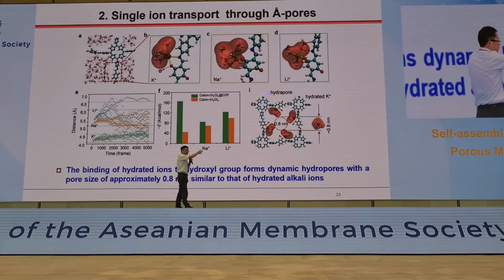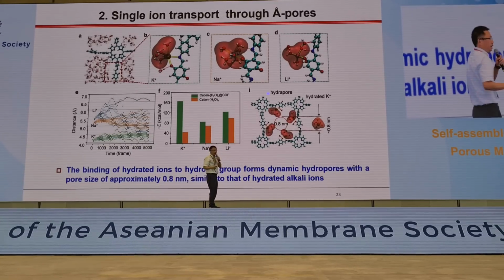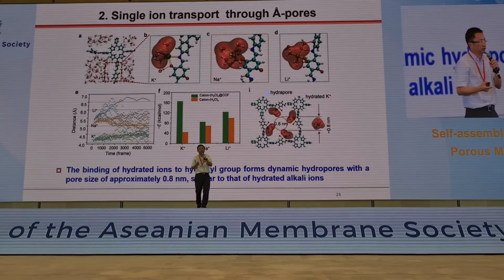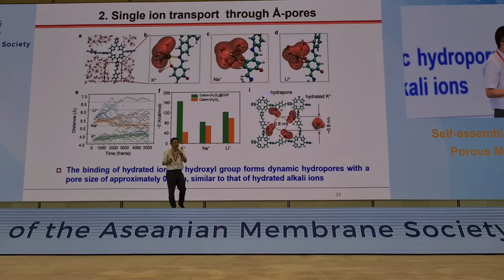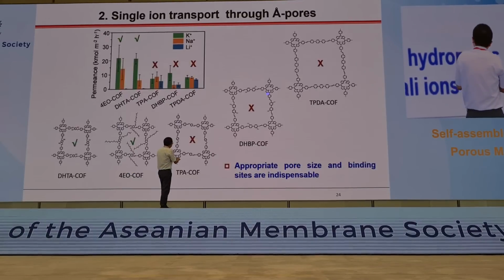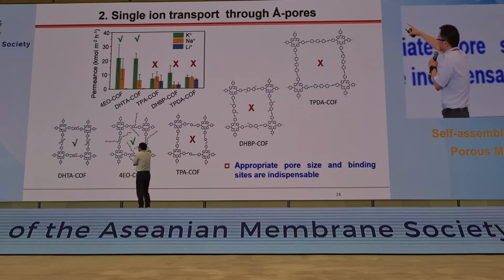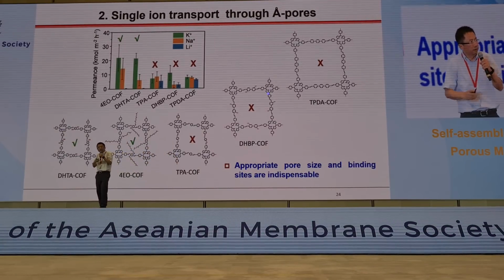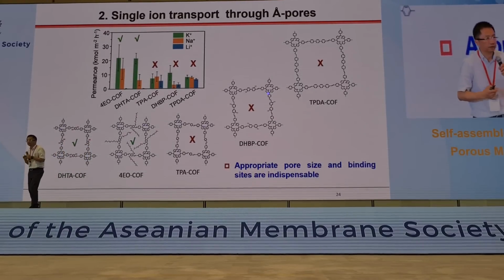Without such dynamic hydrated pores, the pore size is too big, so they will decrease the discrimination ability for these ions. As we show here, when we increase the size of the pores, you will see the discrimination ability decrease.